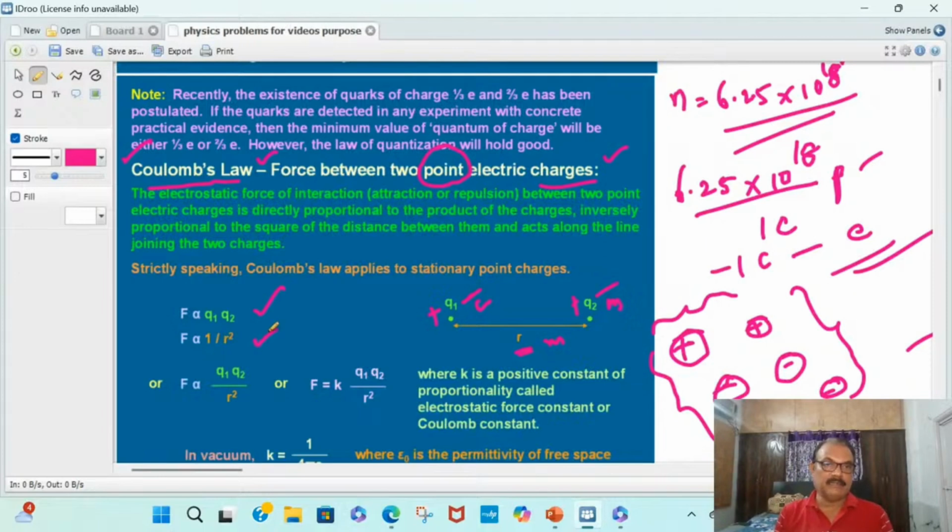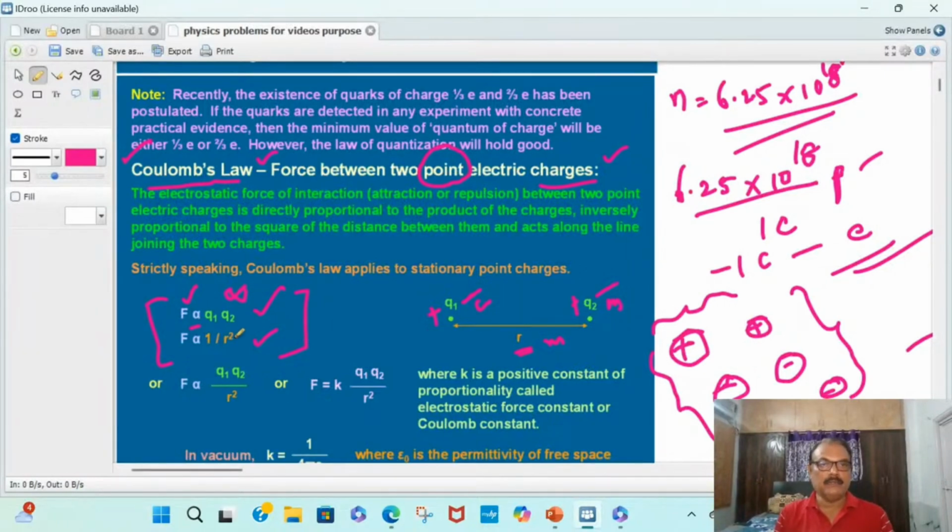So this is the experimental evidence. Coulomb did a number of experiments. Once the charge Q1 increases, what happens? Once the charge Q2 increases, what happens? So they are proportional. As the charges increase, the force is increasing, and when the charges are decreasing, the force is decreasing. So generally we use proportionality in mathematics.